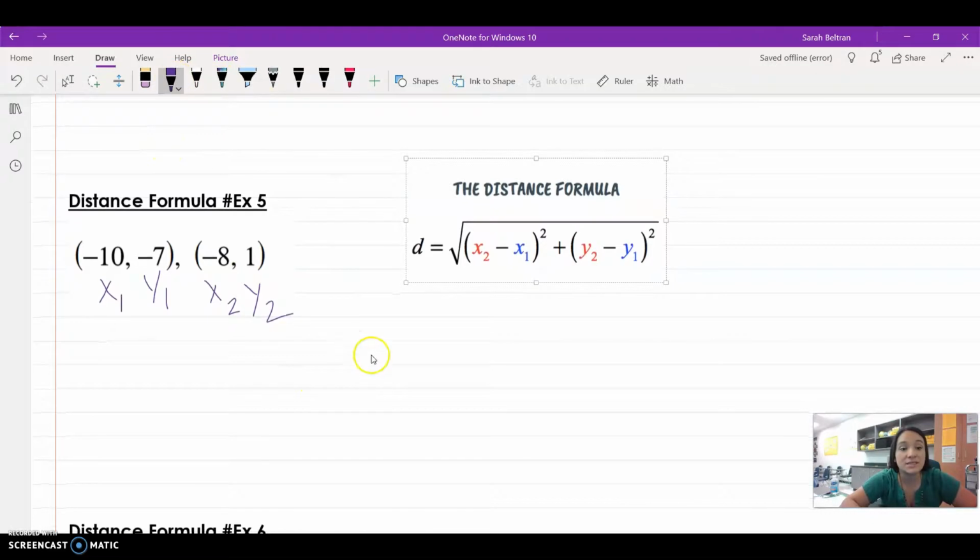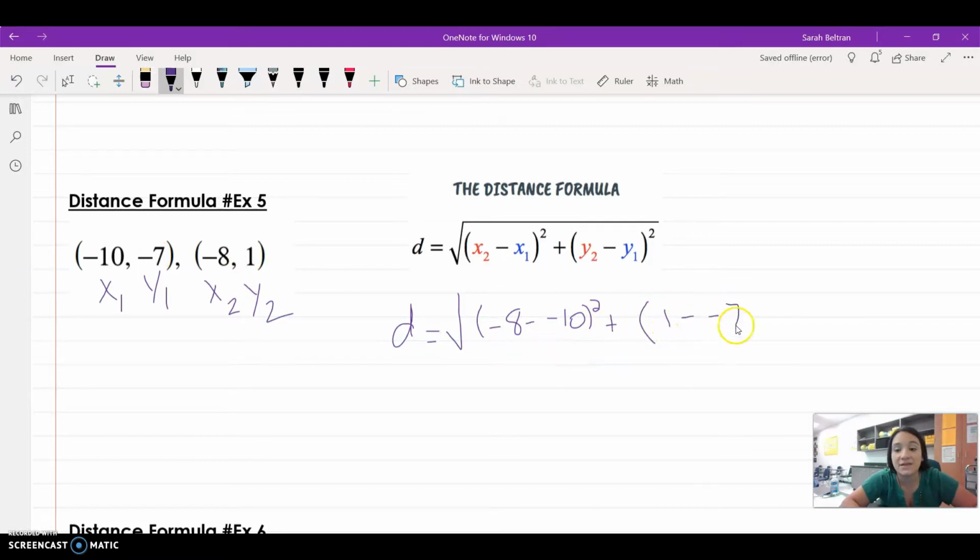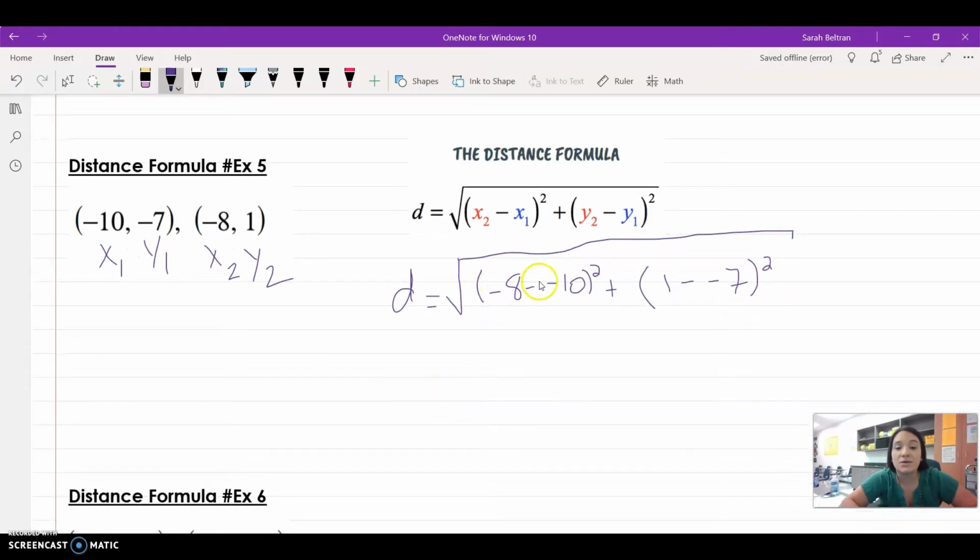All right, so distance is equal to x2, that's -8 minus -10, squared, plus y2 minus y1, so that's 1 minus -7, right, squared, all under this big square root symbol. All right, so two negatives, that changes to a positive.